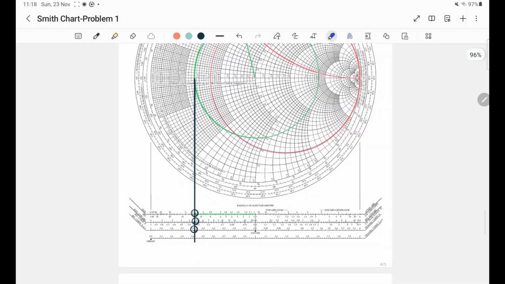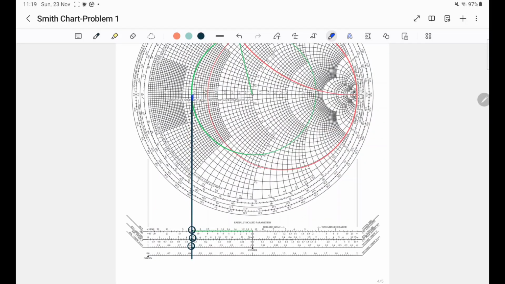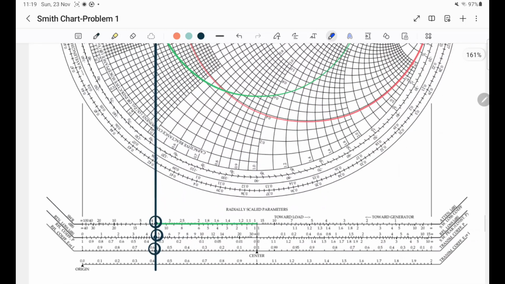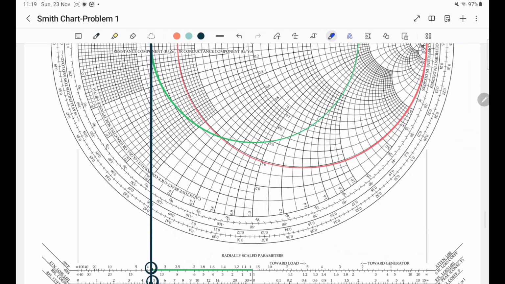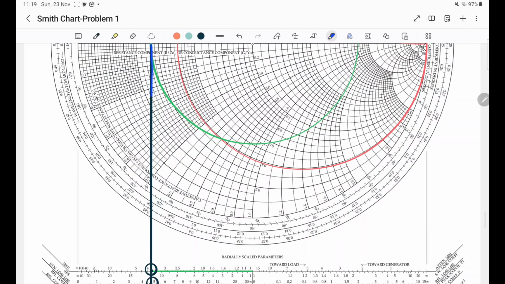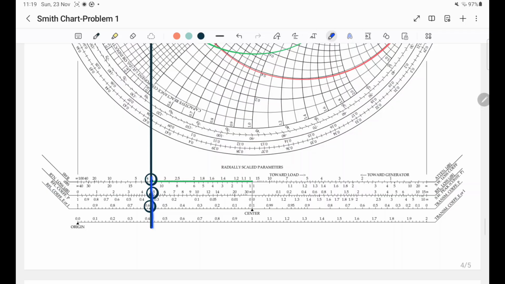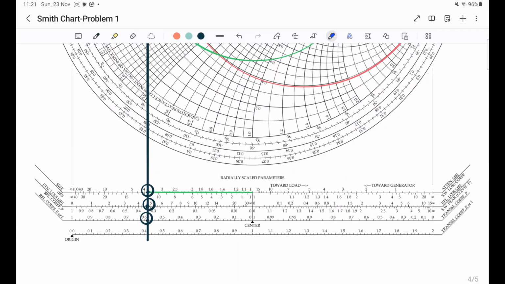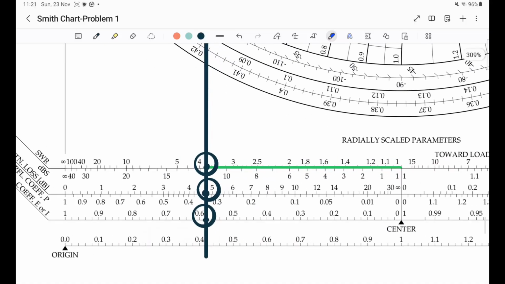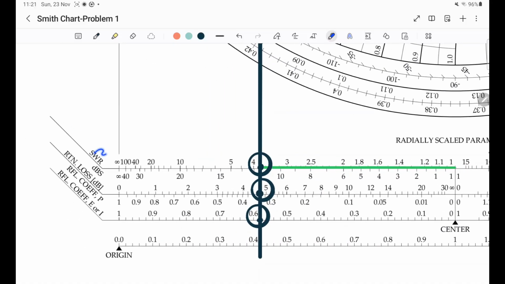And when you drop a line from the VSWR circle to these scales, let me show you here. This line is drawn straight down below and it cuts these scales. Now if you watch carefully, these scales tell you the value of VSWR, return loss, reflection coefficient, etc. On top of this line there are a few numbers written.